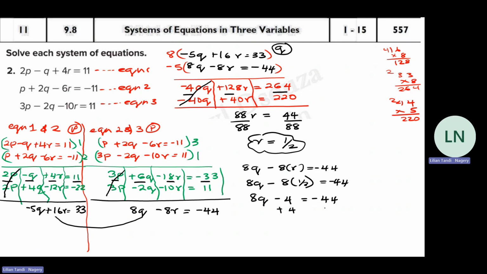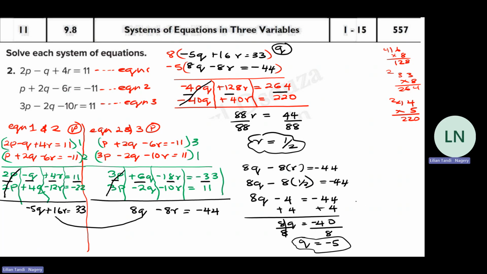Plus 4 plus 4, 8Q equals negative 40. Divide by 8, divide by 8, Q equals negative 5.